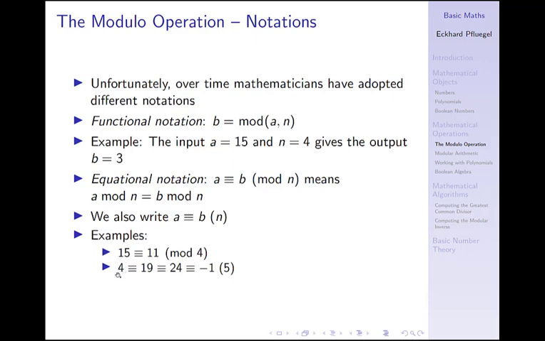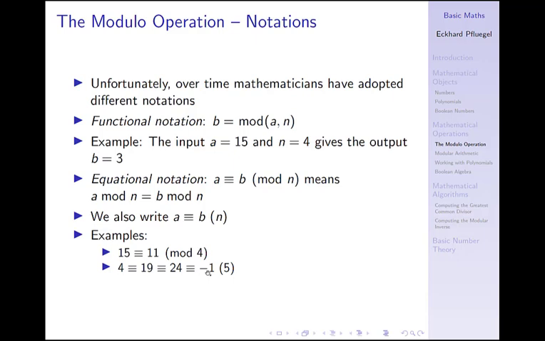Another example, you can see that 4 is congruent 19 is congruent 24, so you can form a chain of congruence operators. Is congruent minus 1 mod 5, so here I'm leaping ahead with introducing a negative input to the modulo operation.